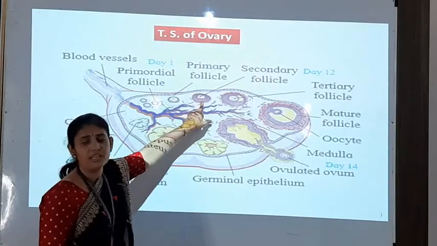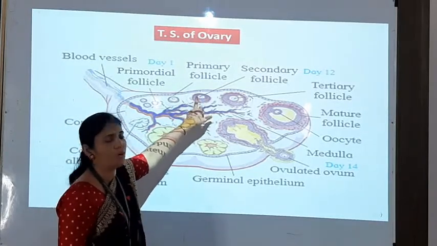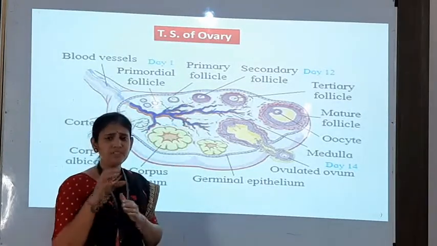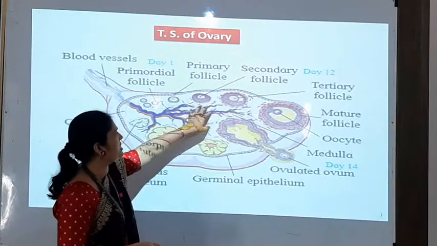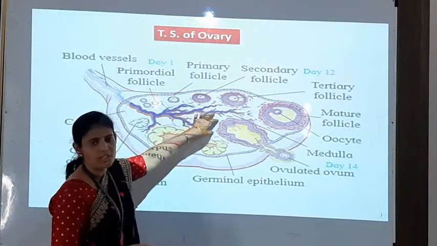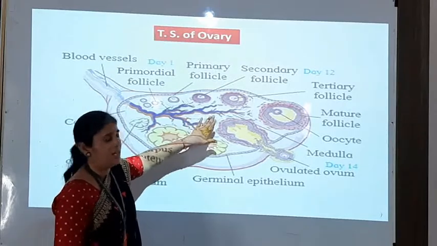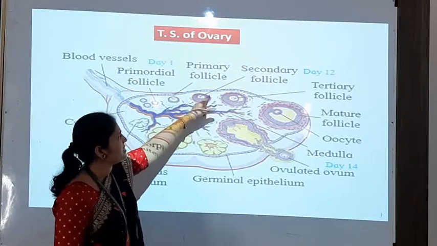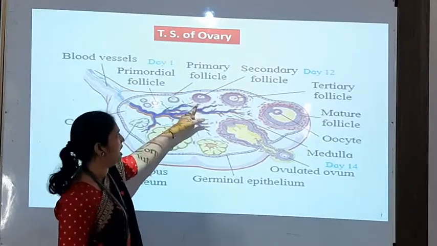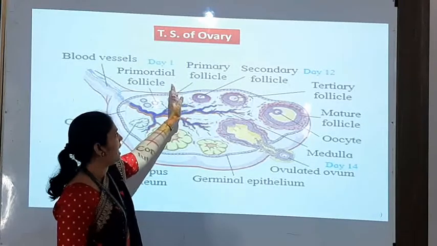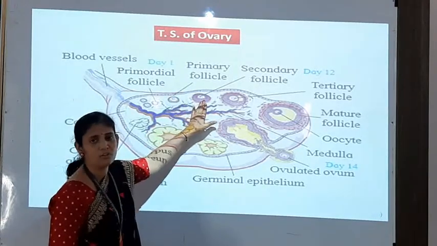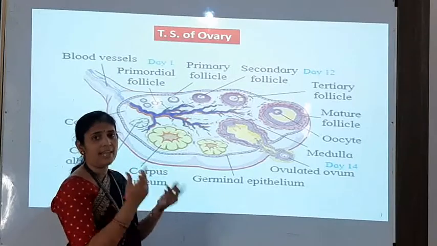Then the primary follicle is converted into a secondary follicle when the stroma cells, the middle portion of the ovary, secrete the theca layer around the follicle.